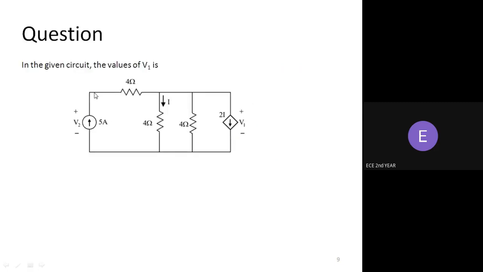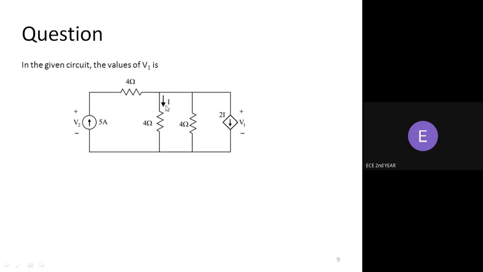The next question is, for the given circuit, calculate the value of V1. The circuit is connected with a dependent source. V2 is the voltage across the 5 ampere source.